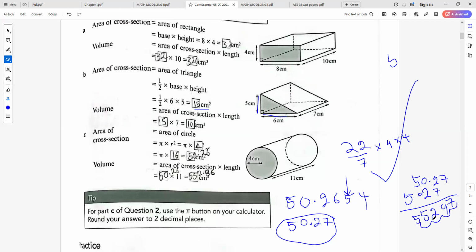Then 552.97, because if you multiply 50.27 by 11, then you have to multiply this by 1, so it gives this. Okay, 50.27, you are supposed to skip this decimal place. In 50.27 we have two decimal places, then we have to move this decimal place by 2 units, then the answer would be 552.86, right?